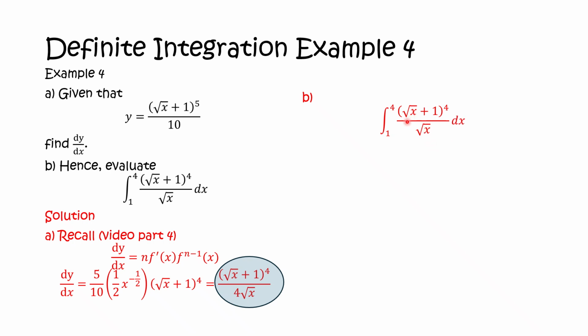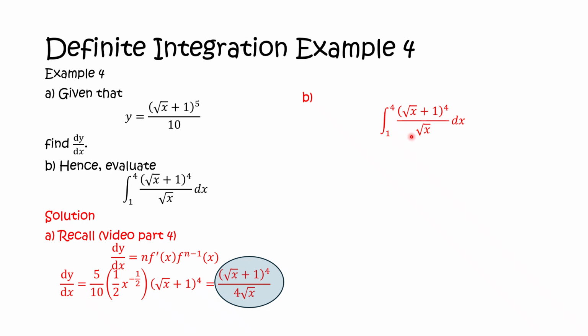With B, recall, what we are doing here is just reversing what we have obtained in A, because we know that there is a direct relationship between A and B. So we are just moving from what we have in A, going back to what we must get in B, which was the question itself that we were given.